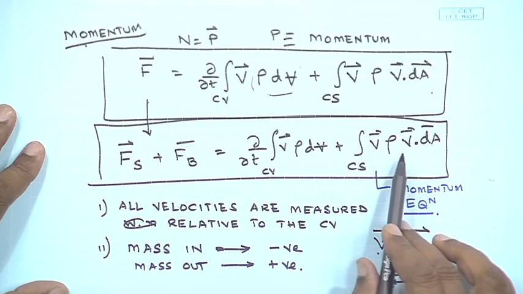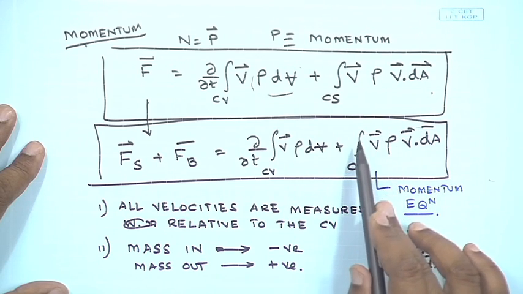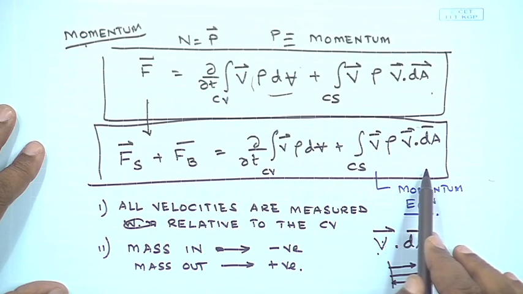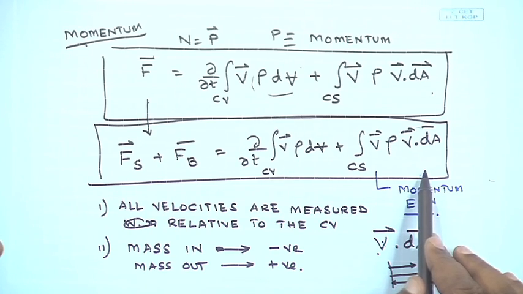So, whenever we expand this term for all the control surfaces, let us say the control volume is defined by 4 or 6 surfaces. Through 3 of the surfaces the mass is coming in, and through the other 3 the mass is going out.